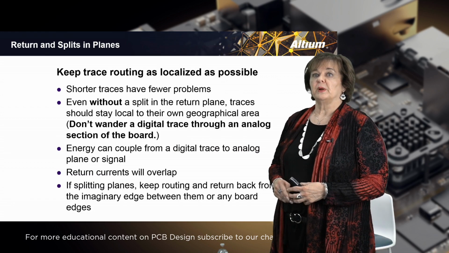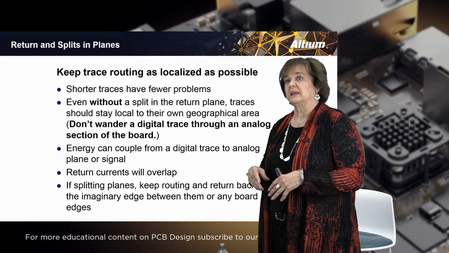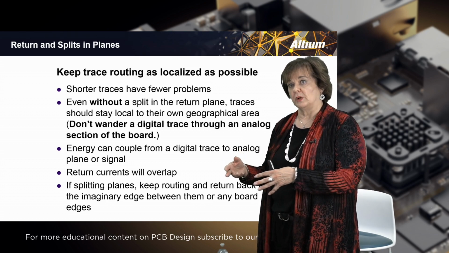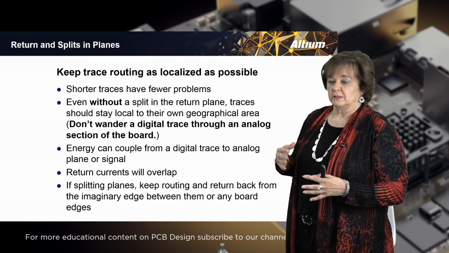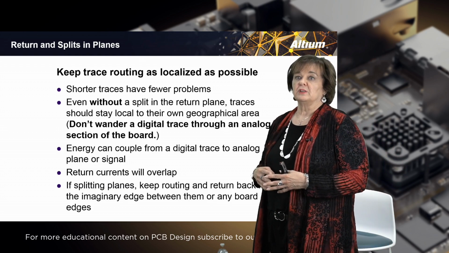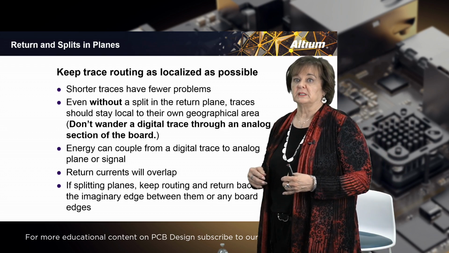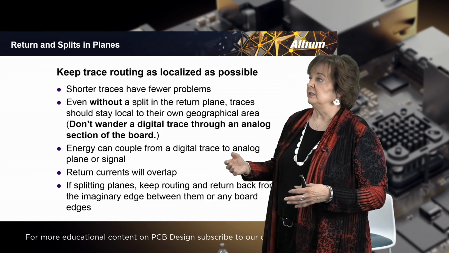You keep your trace routing as localized as possible. Short traces have fewer problems. It takes a while to build up noise, so the shorter the traces can be, the lower the possibility of noise. And even without a split in the return plane, traces must stay local to their area. You don't want to route a digital signal in an analog area.